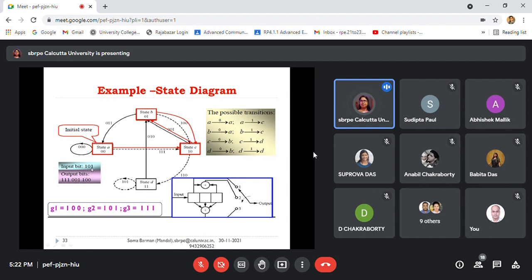Now the next message bit is 1, at the time instant t i plus 2. Now you are in state B, 0 1, and input 1 is coming.